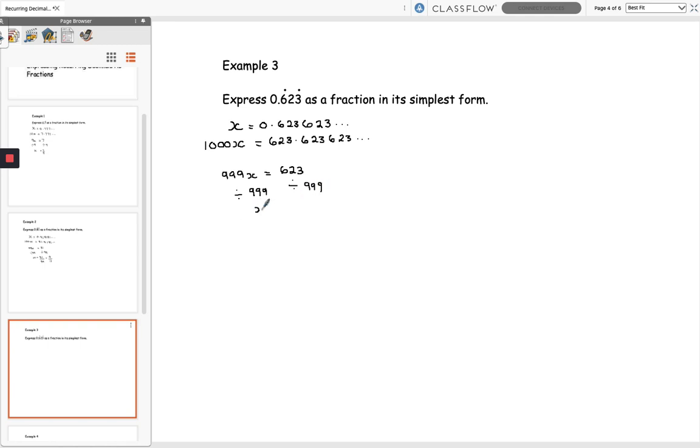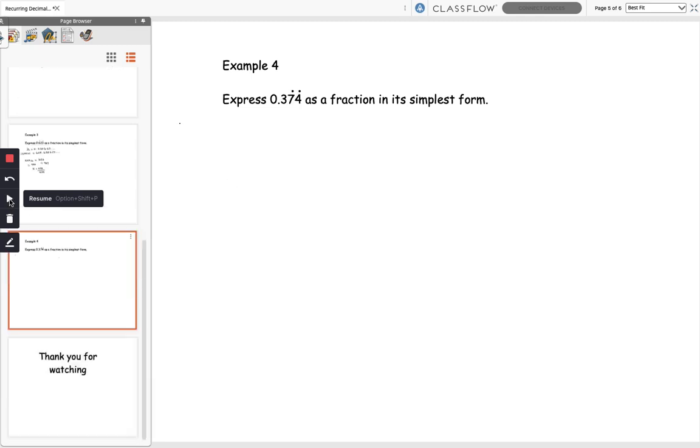And that will give me x equals 623 over 999. And this can't be simplified, so 0.623 as a fraction in its simplest form is 623 over 999.